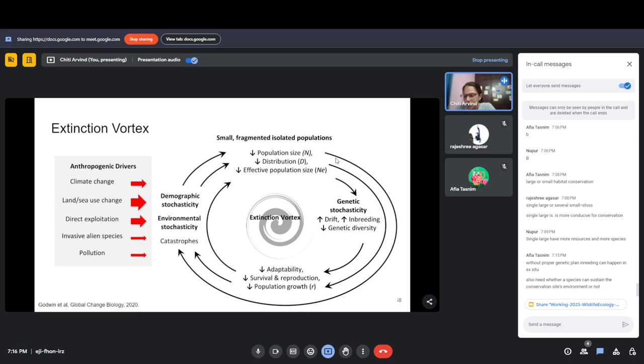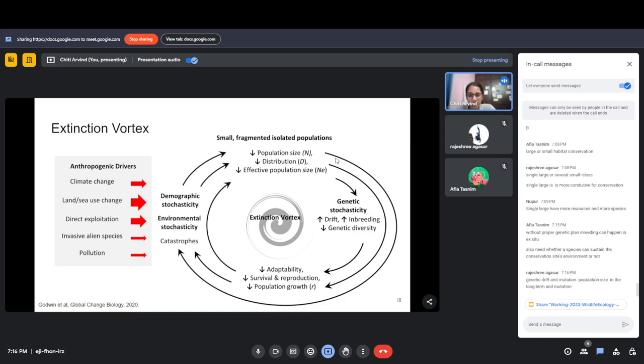So it's very important to know the genetic makeup of any species that needs to be conserved, because genetic diversity is very important in sustaining stable populations, right?